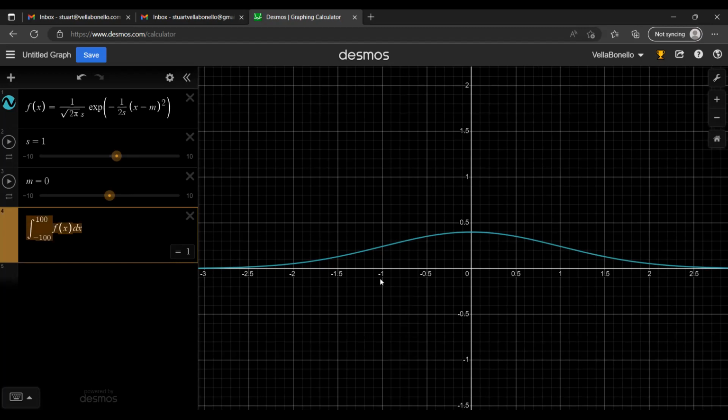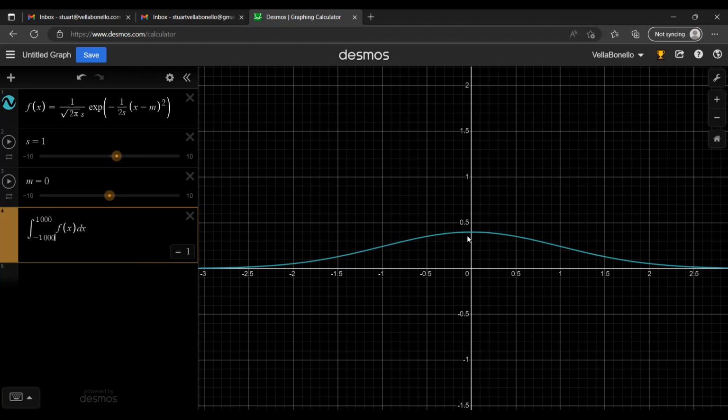The probability of getting some value between negative 100 and 100 is, well, that's an approximation. It's not exactly 1. A better approximation would be if I took from negative 1,000 to 1,000, and you can always make that approximation better, is 1.